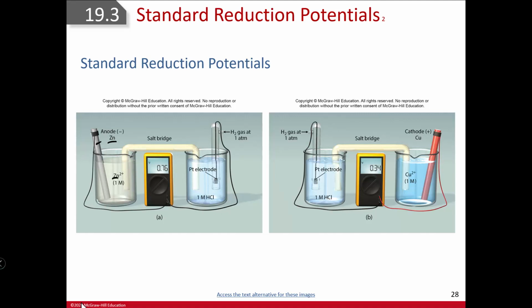The electrons are going to flow through this wire here, up through the voltmeter, and then go out the other side, and it registers a potential of voltage at 0.76. The electrons then go in here into my 1 molar hydrochloric acid solution, with hydrogen gas at 1 atmosphere pressure above it.